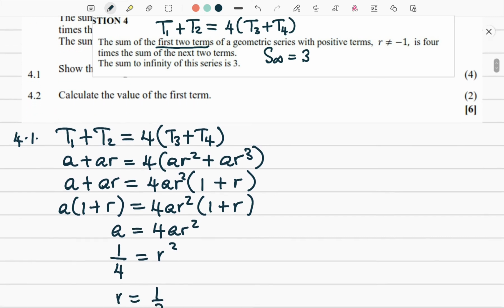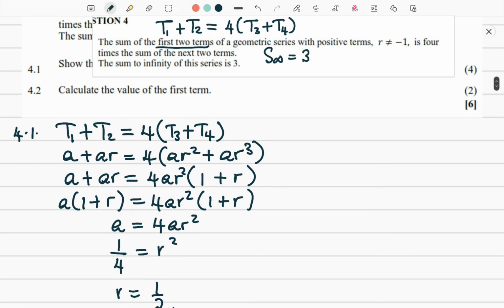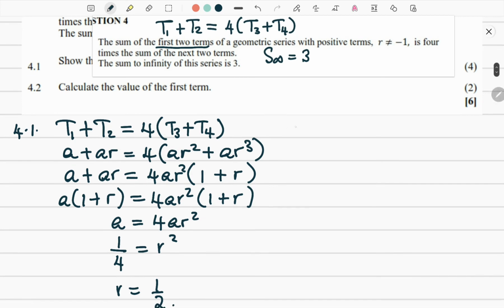To calculate the value of the first term, we're going to use the sum to infinity. Let me write 4.2.